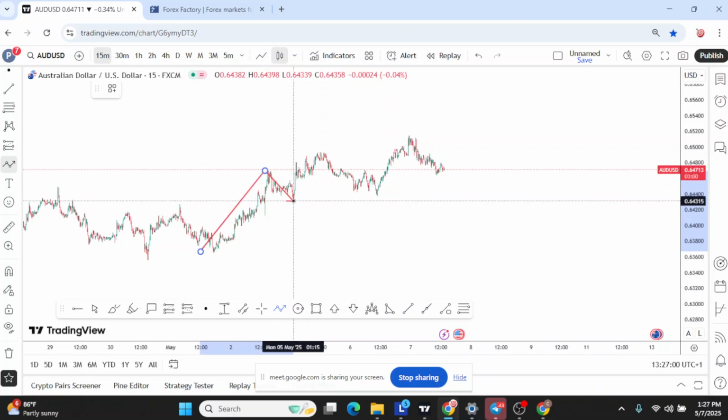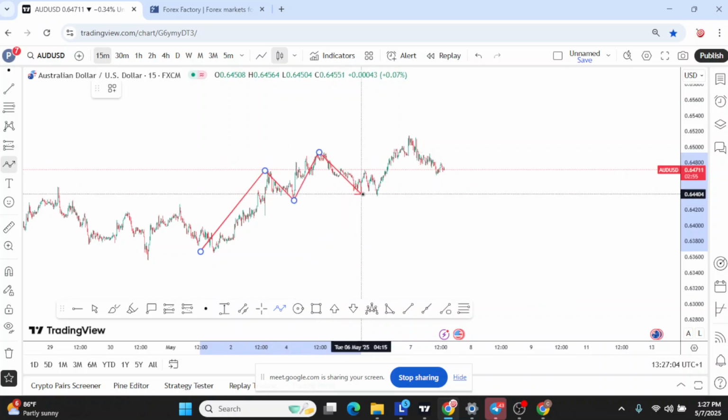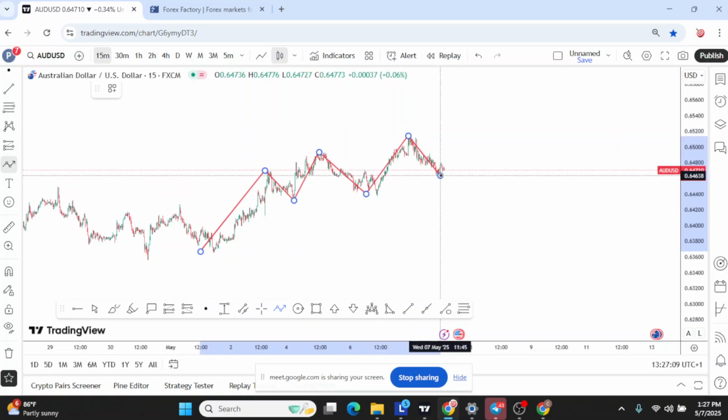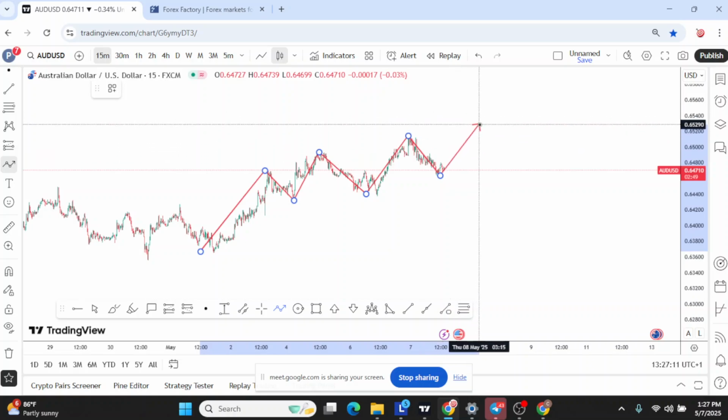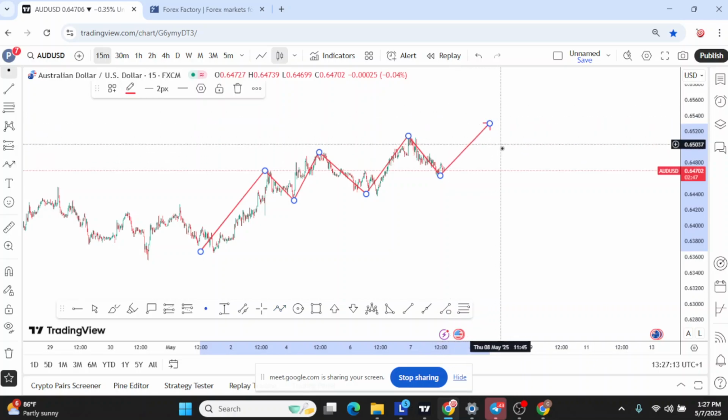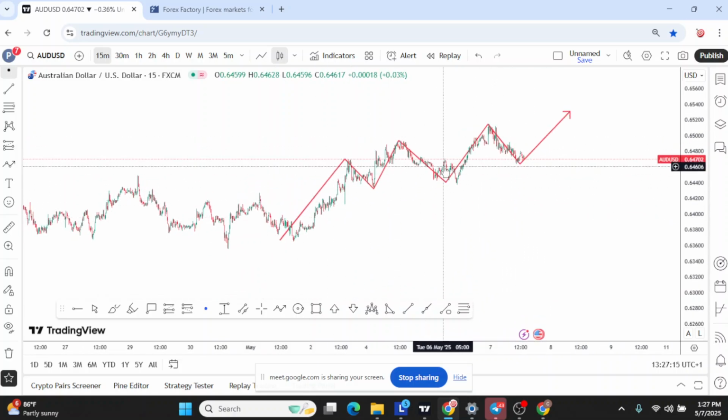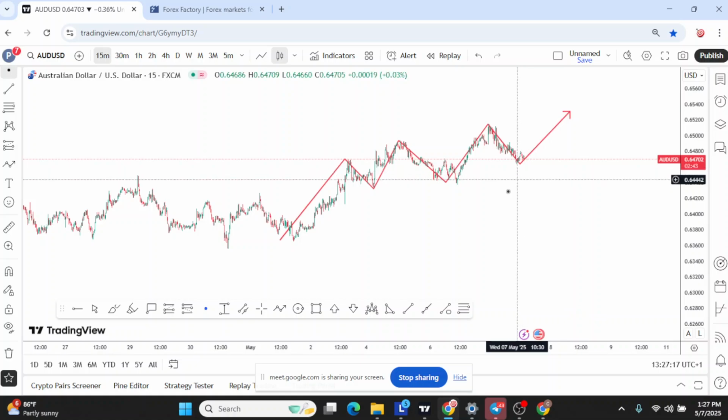Then price corrects, which is the retracement: a push up, push down, push up, push down. So we are expecting a continuation move of push up. So you can see now that you've been able to identify the trend.